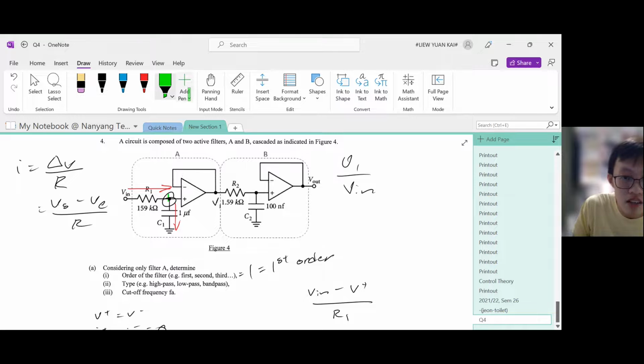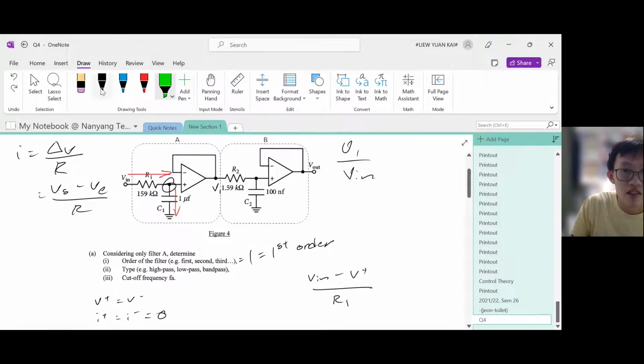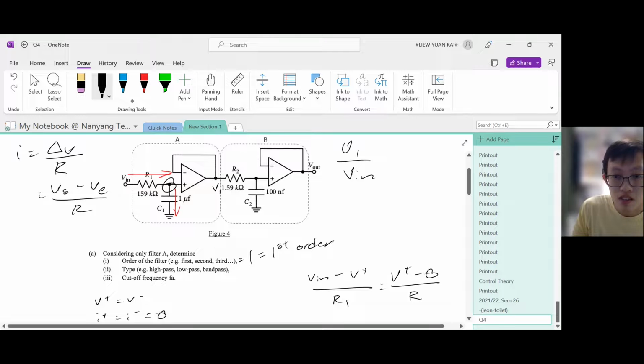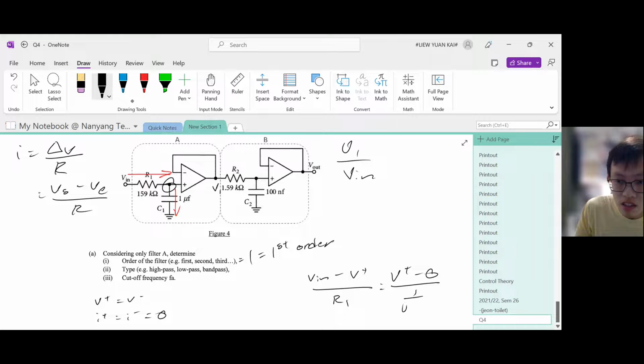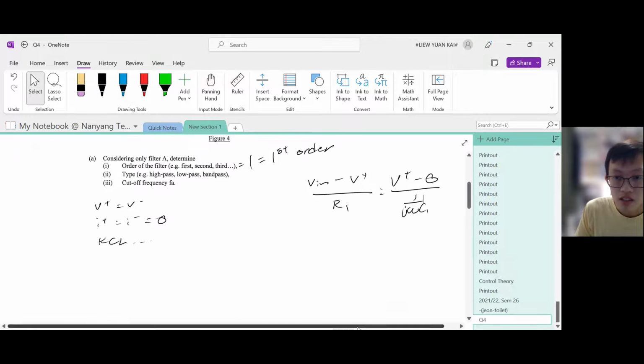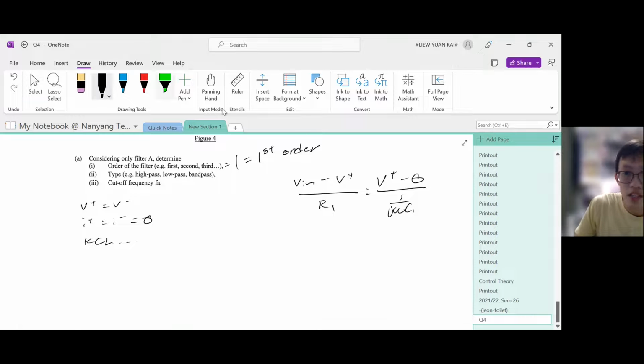Then what is the current going out? The current going out is, it starts from here, V plus, it ends at ground. So V start minus V end is V plus minus 0, divided by the impedance of the capacitor, which is 1 over J omega C1. Okay, so what should we do? We can drop away this 0 because it doesn't do anything.